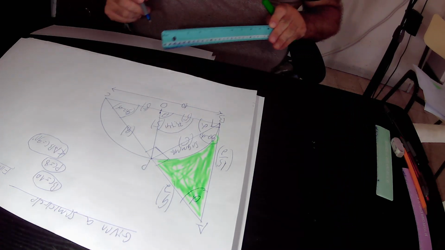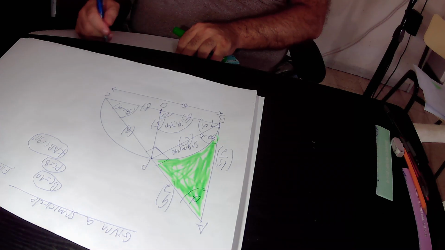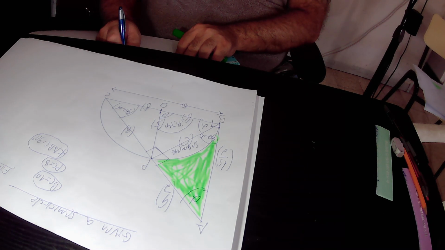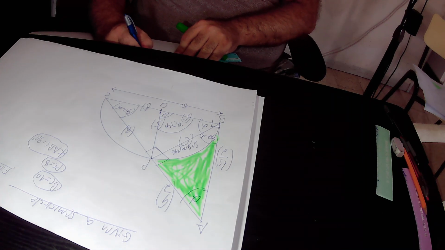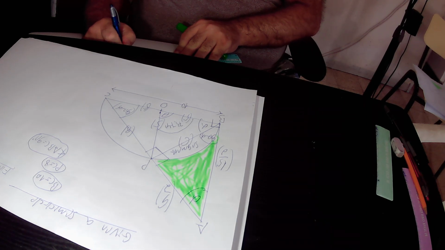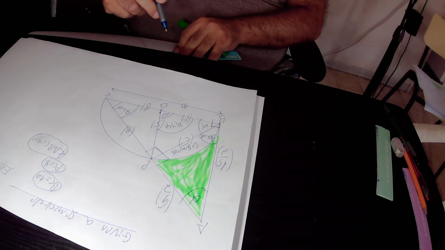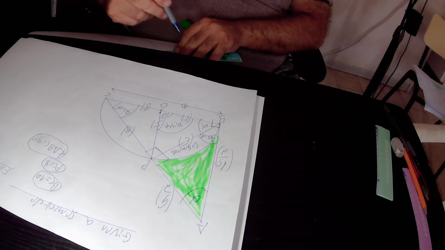What is the area of this segment BP? From the drawing, it is very easy to see that the area of this segment BP is equal to the area of sector BOP.